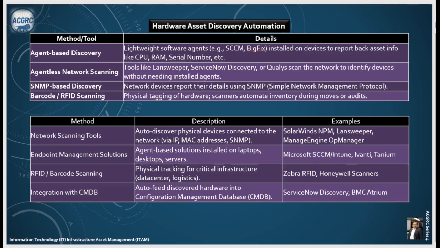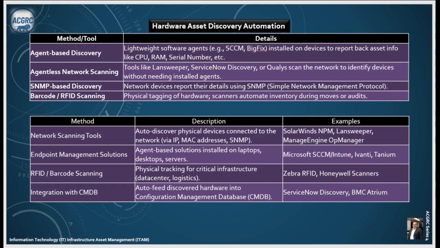If you go one level deeper on hardware asset discovery, what automation is available? There are agent-based discovery, agentless network scanning, SNMP-based discovery, and barcode or RFID scanning. Agent-based discovery is lightweight software installed on devices to report back asset info like CPU, RAM, and so forth.